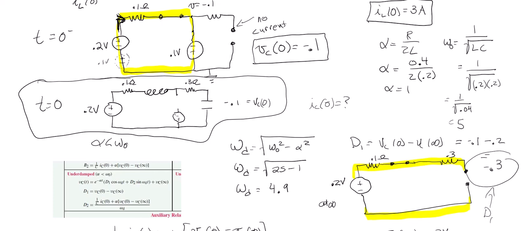I might say, I don't really know what to do with that inductor, but I've got 0.1 and 0.3, 0.4 ohms and 0.2 volts, and so I think my current's going to be 2. Okay, it's not. The only way to know is that it is the same current going through the inductor because they're in series, and we know the current through the inductor because we found it before the switch action. So does that answer the question? All right.